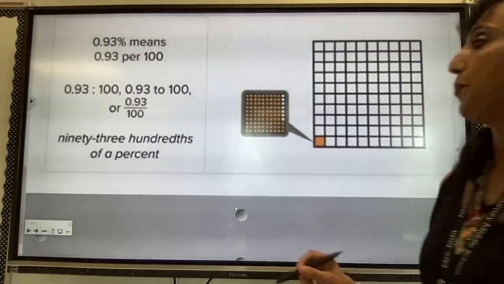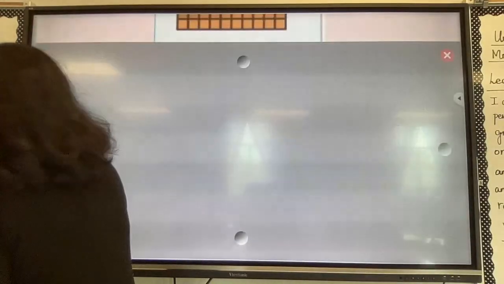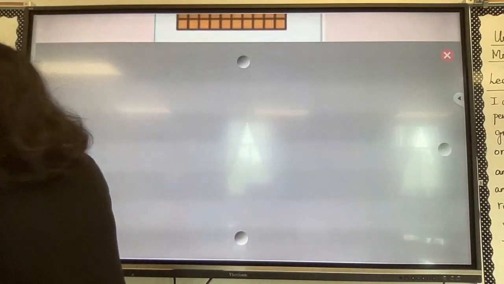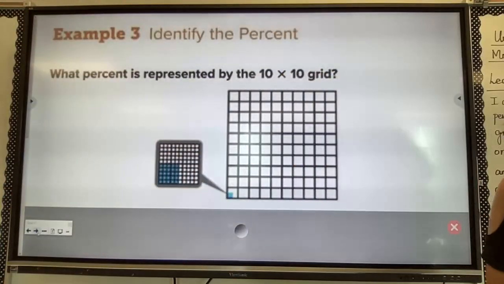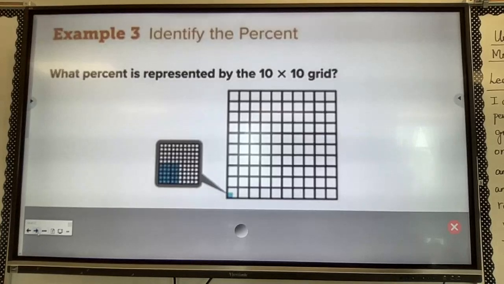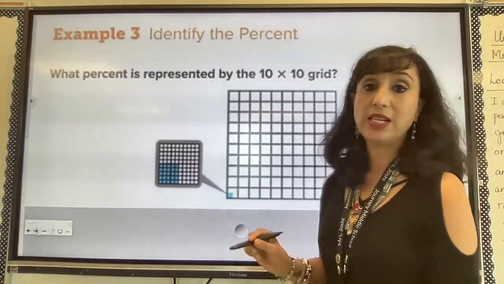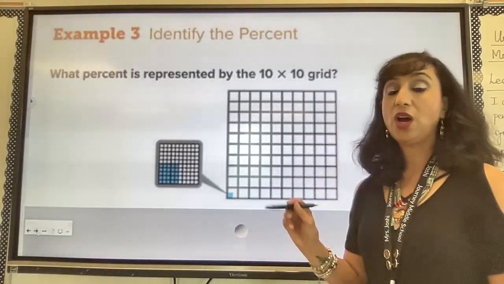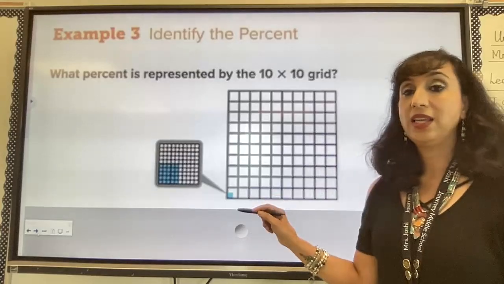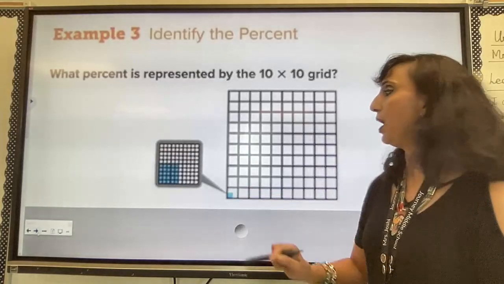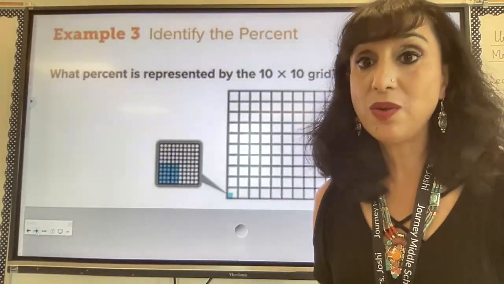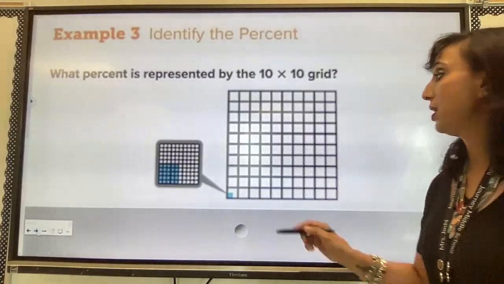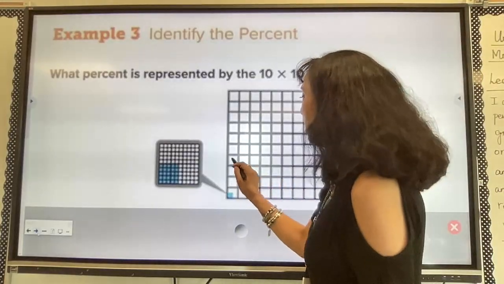Okay, so let's do an example over here. If I look at this and I'm asked what percent is represented by the 10 by 10 grid. So now we can see that in the grid only this teeny tiny part is colored in. So therefore it's definitely less than 1%, because each square over here is what?